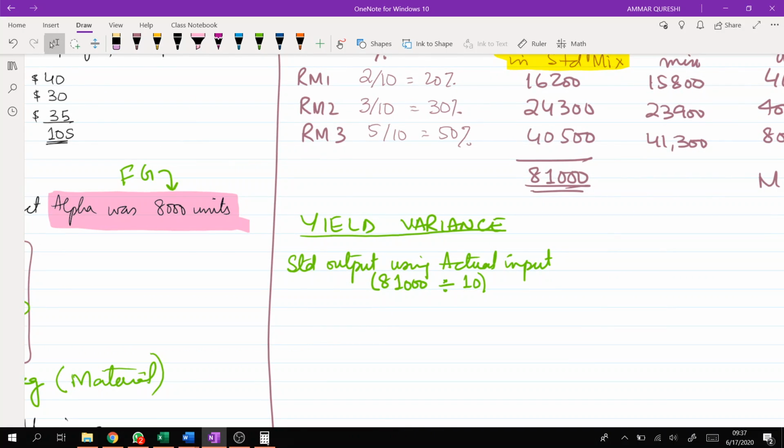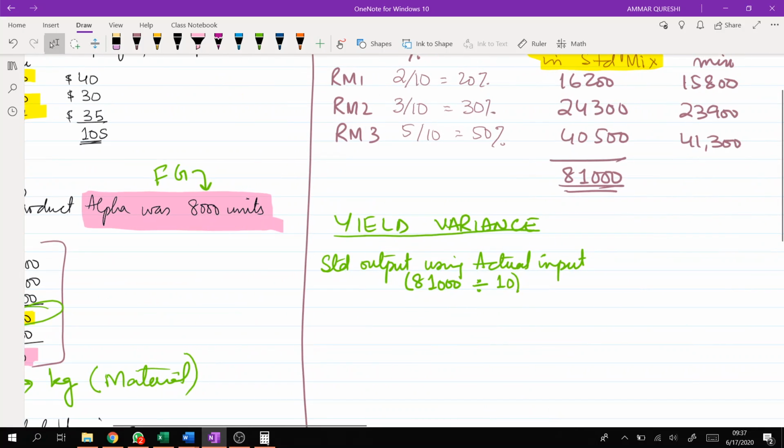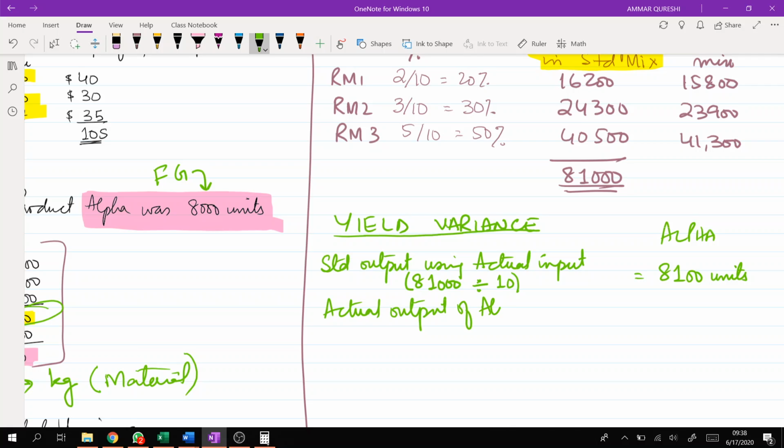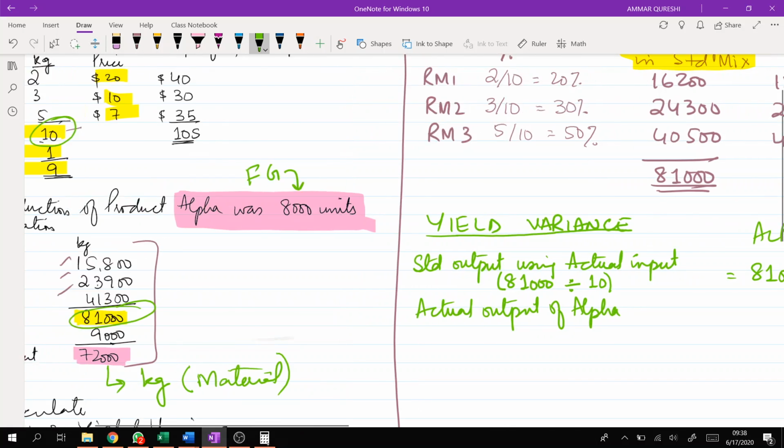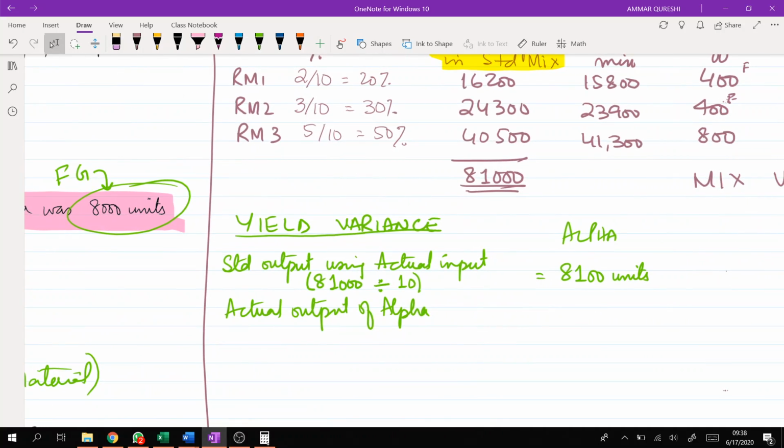10 kgs, yeah. This means that 8,100 units of alpha should have been manufactured. This is the quantity of alpha. This is finished product, right? And what is the actual output of alpha? Actual output of alpha is 8,000 units.